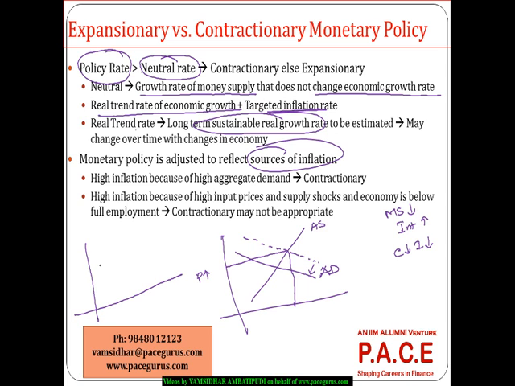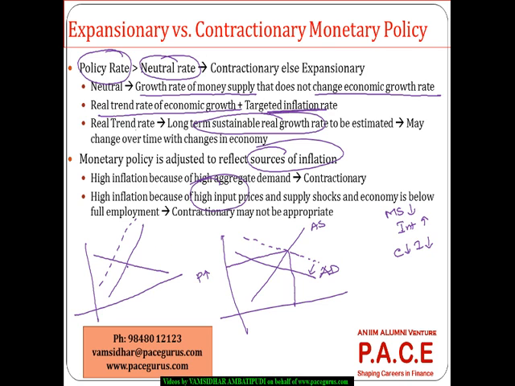Whereas, let's look at a slightly different scenario. Let's say the inflation came up not because of an increase in demand, but because of a decrease in the aggregate supply. Why did the aggregate supply come down? The input prices have gone up, right?